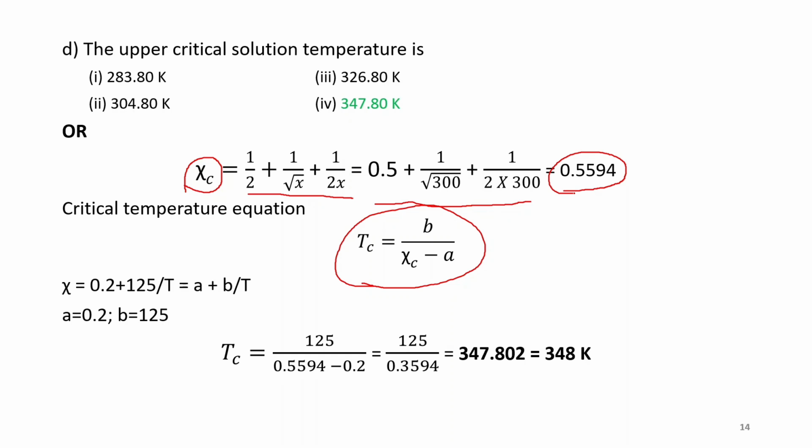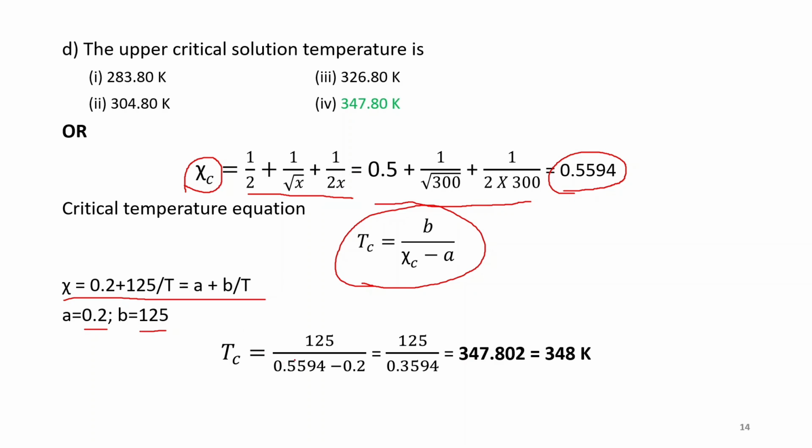0.5594. And now we know the critical temperature equation is B by chi at C minus A, and from the question we know that chi is equal to 0.2 plus 125 divided by T, which is A plus B by T. So here A is 0.2, B is 125.